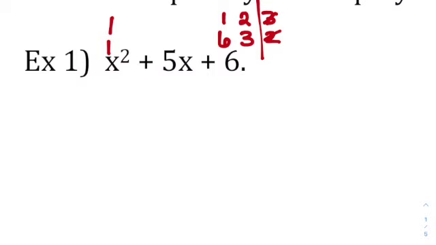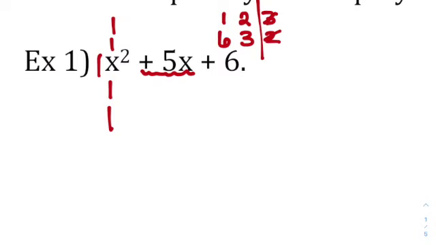The most important thing when you are putting it together is that x squared is just 1 times 1, because that's 1x times 1x. Then you put the numbers that, when you combine them, match up to the positive 5 in the middle. Let me show you the wrong way first.